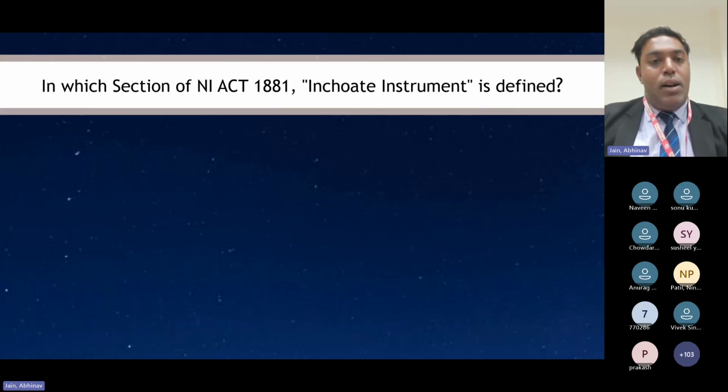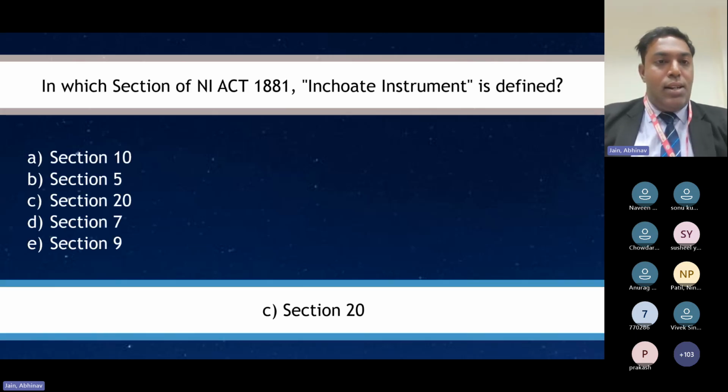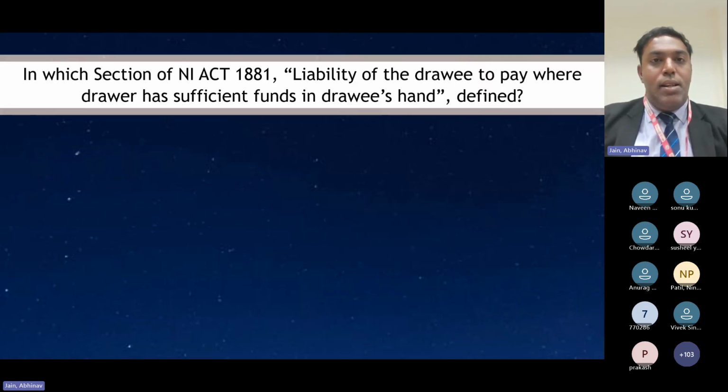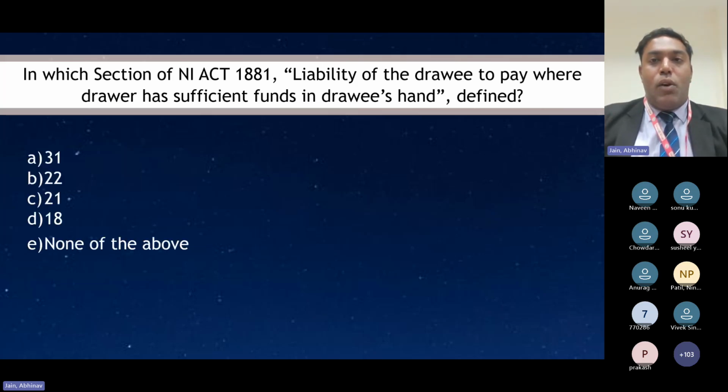Now again the same question is repeated. In which section of NI Act 1881 is the liability of the drawee to pay, where the drawer has sufficient funds in the drawee's hand, defined? So liability of the drawee is defined in which section? To simplify the question.